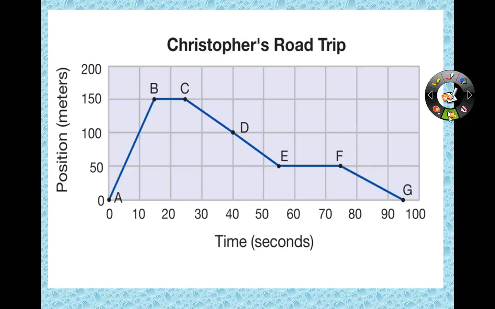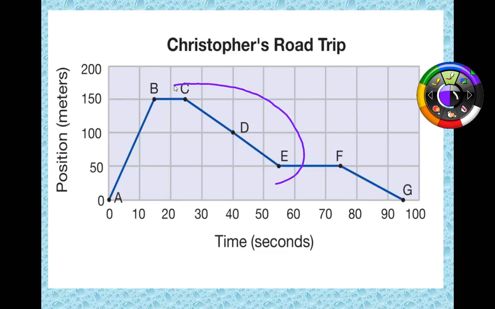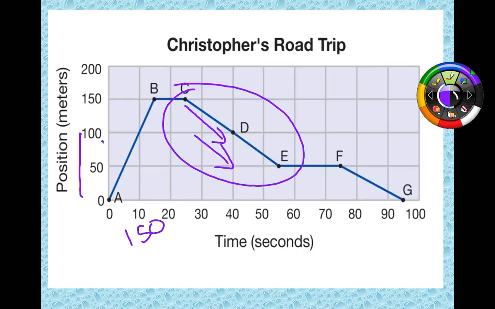How would I describe the slope of the graph between points D and E? Let's look. So, this part of the graph here, what's happening? It looks like it's sloping downward. But this is a position versus time graph, which means Christopher went up to 150 meters, and then it looks like he's going down to 100, then down to 50, and stop.